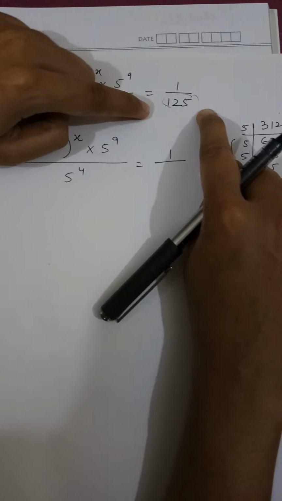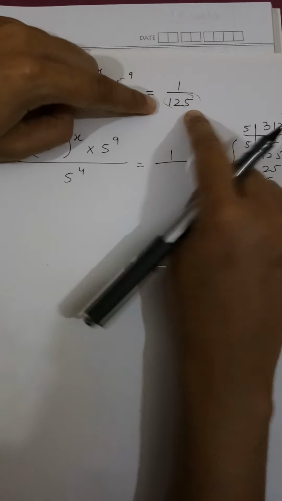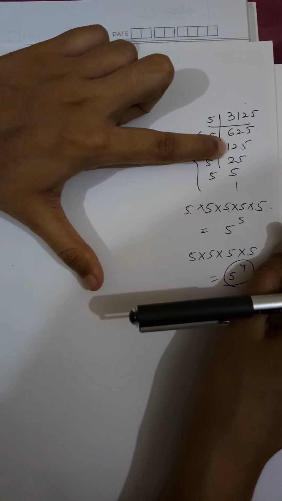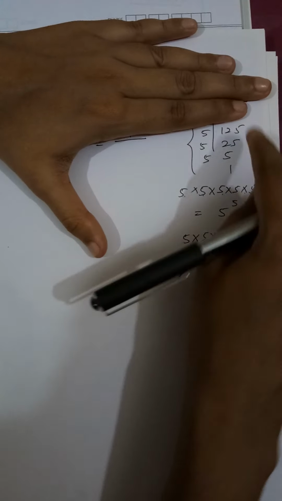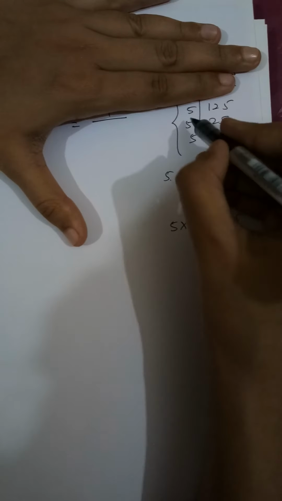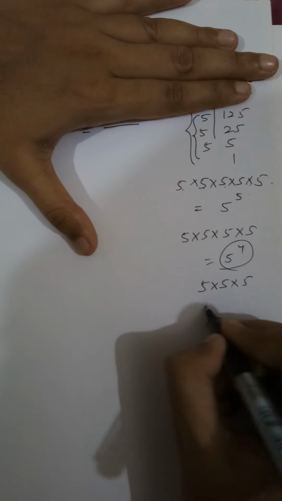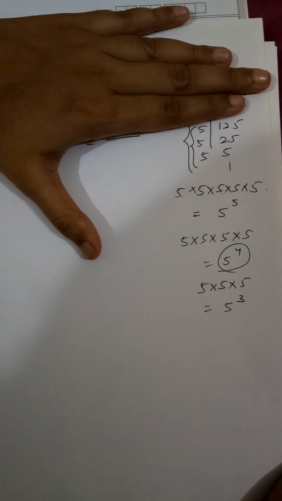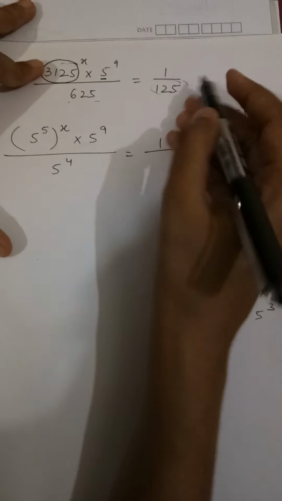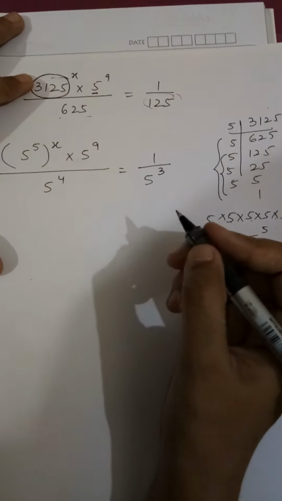Again I am going to change this into exponential form with the base 5. Let us factorize 125. Now 5 is how many times? 3 times. So 5 into 5 into 5 is going to be 5 cube. So instead of 125 I am going to write 5 cube.